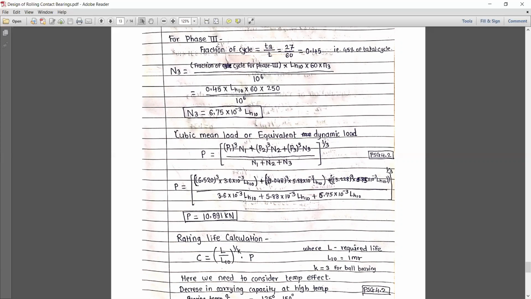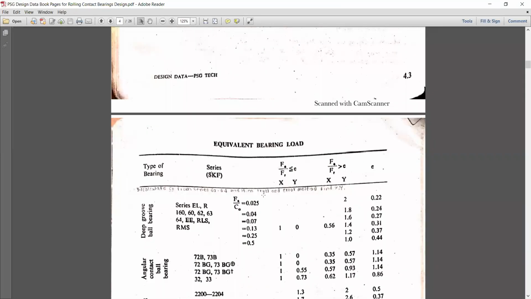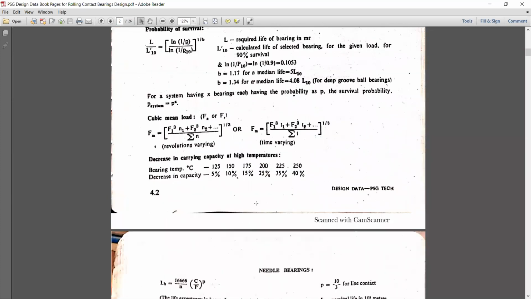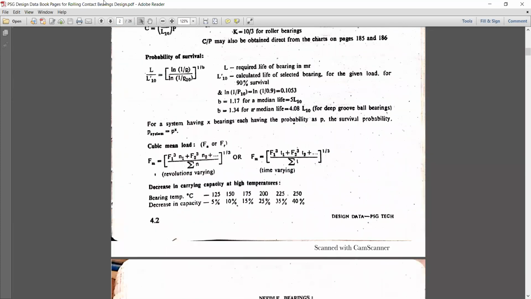Okay, now for each phase we have a proper value of equivalent load as well as speed. Now we need to calculate the equivalent dynamic load, or you can say the cubic mean load. Okay, you can refer to PSG page number 4.2. On PSG page number 4.2, they have provided the equation for the cubic mean load.